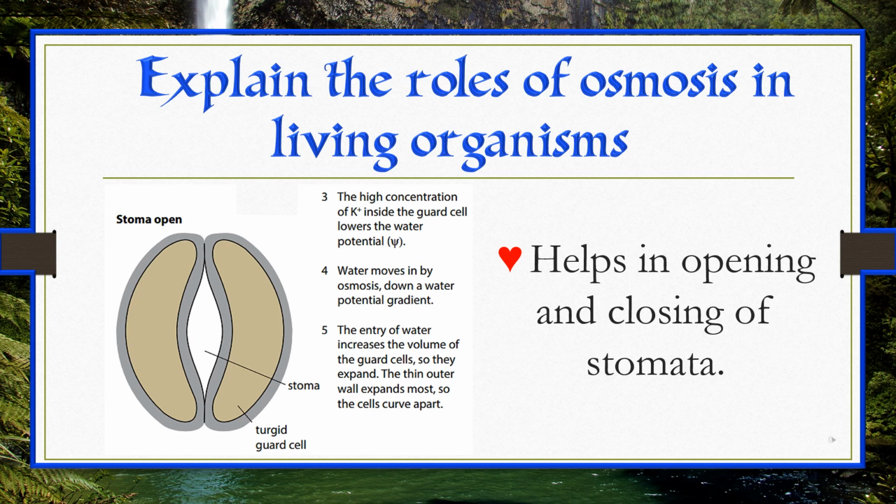What is bringing about the opening of the stomata is the movement of water from outside into the guard cell, and it is moving by osmosis. So osmosis helps in the movement of water and it helps in the opening and closing of the stomata.